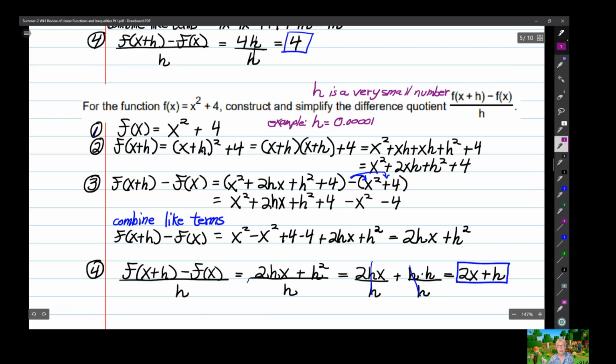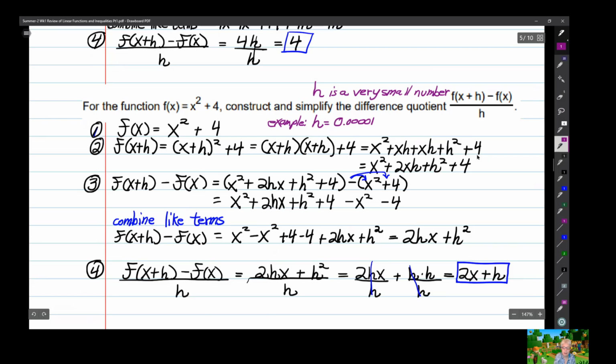Now, x plus h is a binomial. When you square a binomial, you do this. Parentheses x plus h times parentheses x plus h. And you FOIL, or you distribute, whichever method you learned in high school or in intermediate algebra. Whichever method you use, you're going to get x squared plus xh plus xh plus h squared.